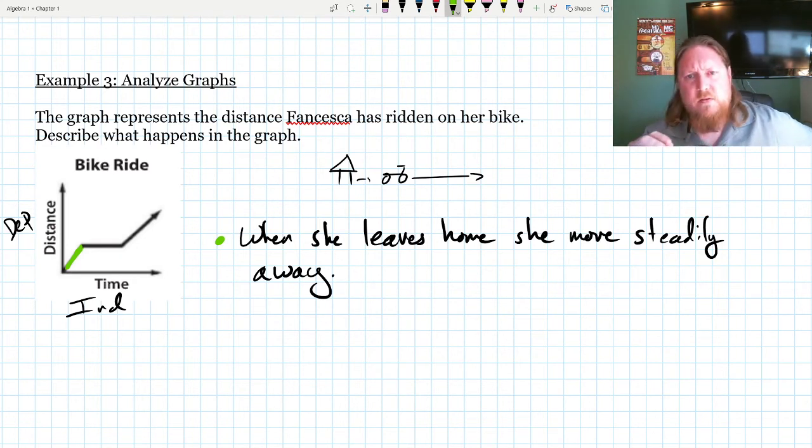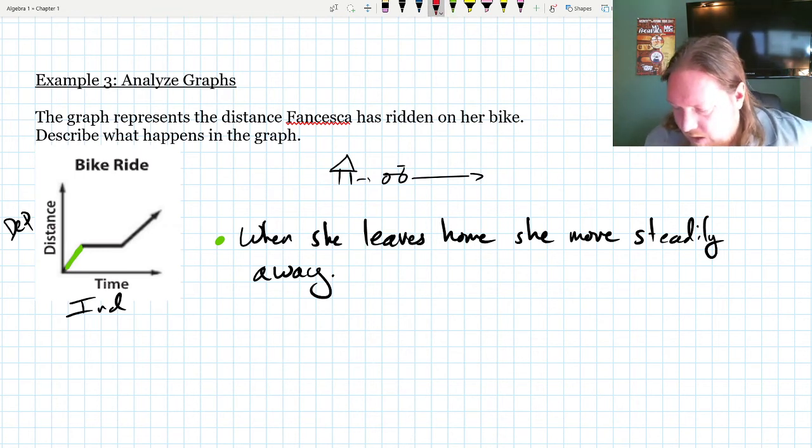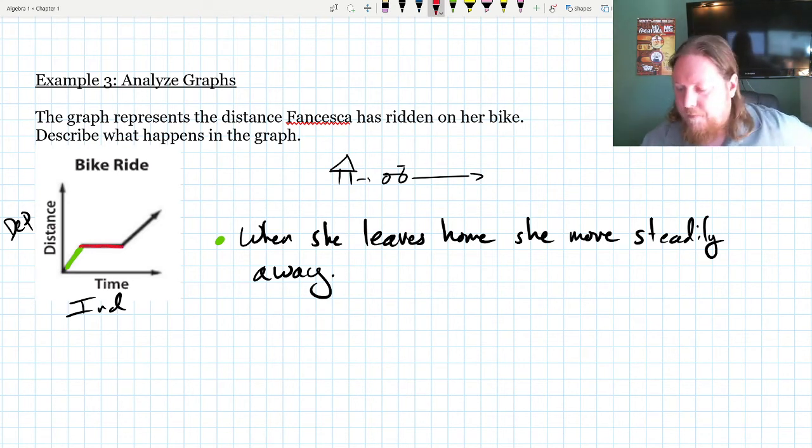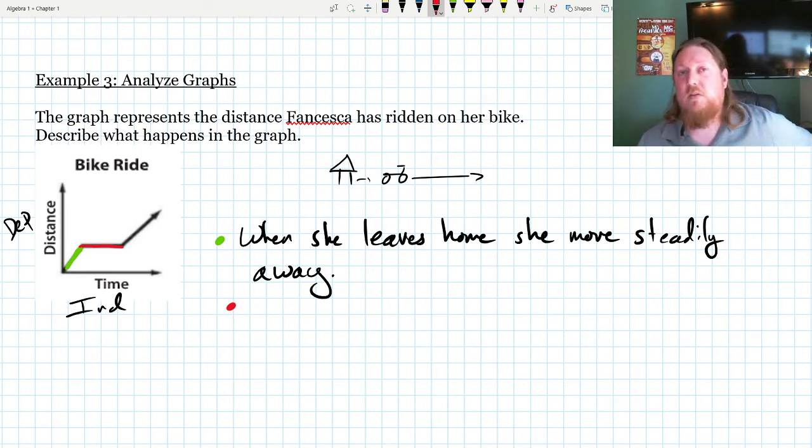Right? I'm going to put a little green dot there so you can see how they match up together. But then what happens? It gets flat, right? The distance away from home stops changing. Let's highlight that in red there. It gets flat. It's not changing anymore. So what's happening there? Maybe she stopped by her friend's house. Maybe she went to the park and sat there at the park for a while. Maybe she got stopped at a stoplight for a really long time.